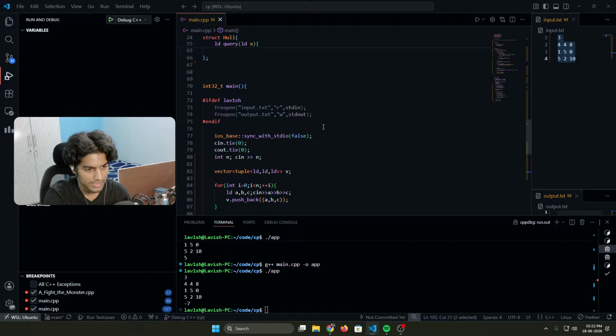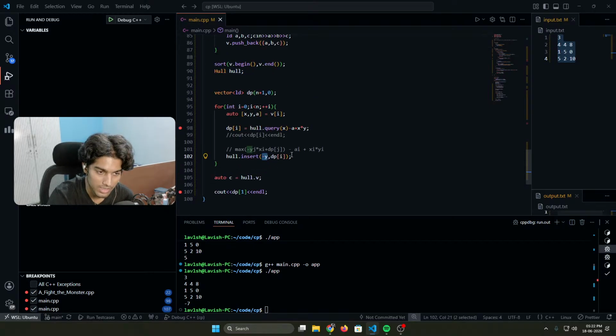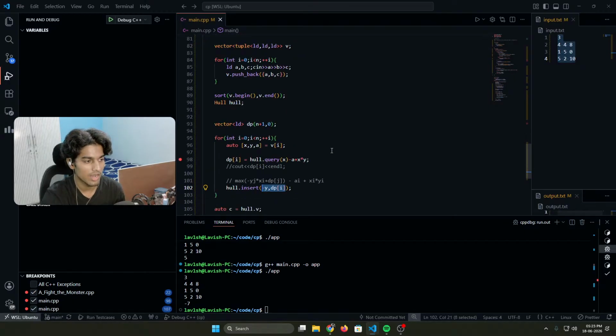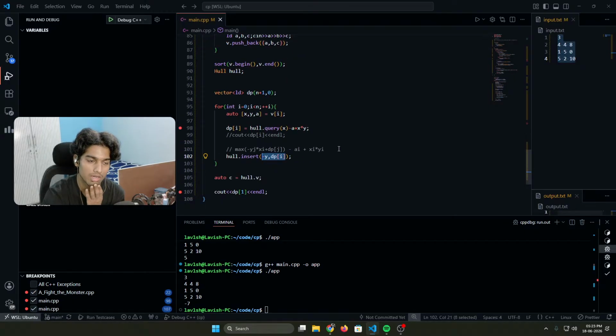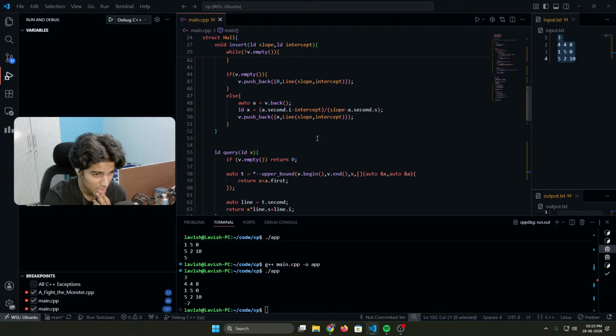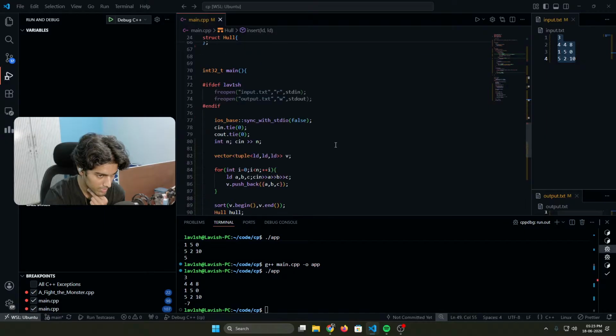How do I know x? Wait a minute, I'm inserting this, but where is x? So this is just a line, right? Is the x calculation correct or not? Should be correct.